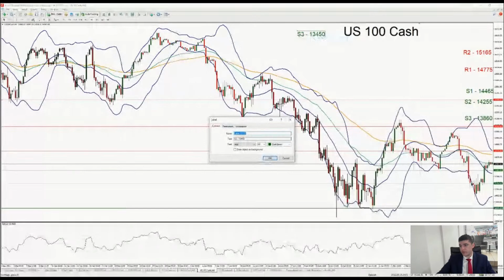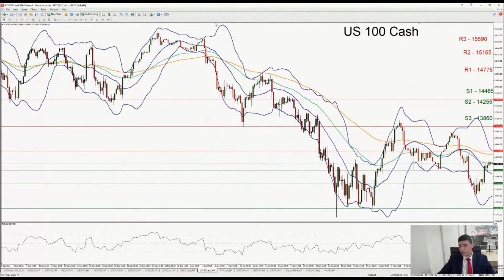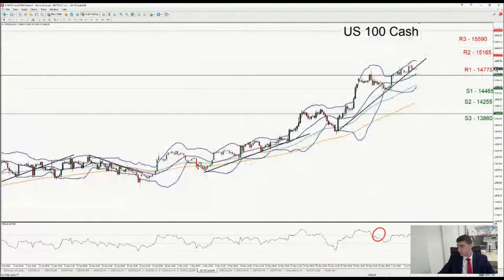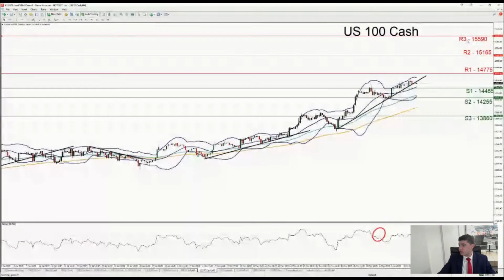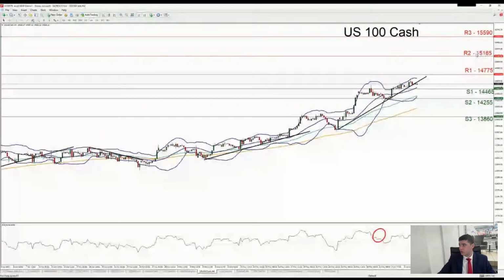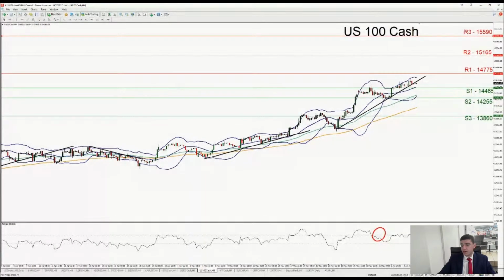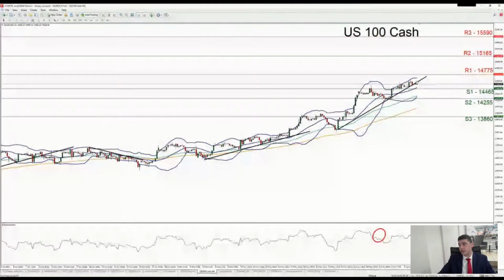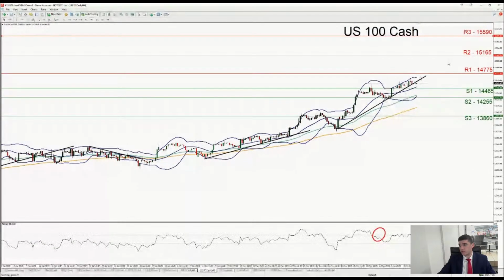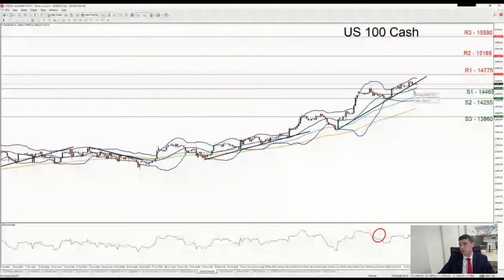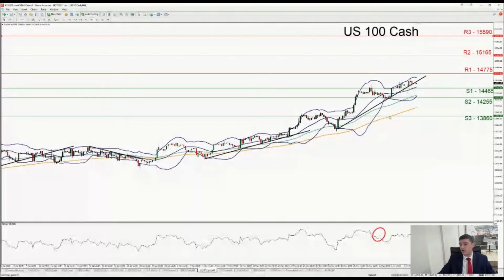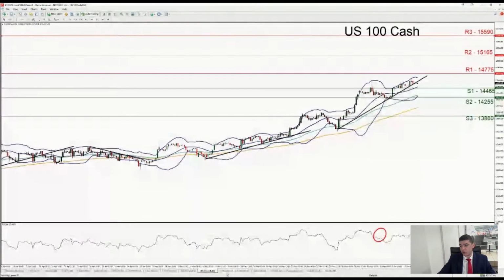So it becomes R3. So let's fix our chart. R3, R2, R1. Currently moving in an upwards fashion, yet should it make a clear break below the upwards moving trend line and break below S1, then I would hold a bearish outlook for the Nasdaq 100.